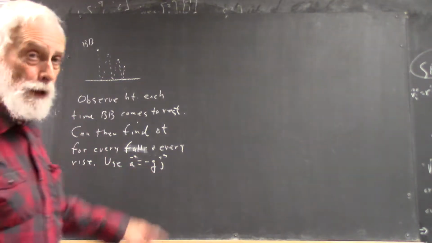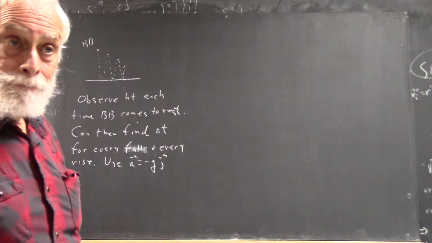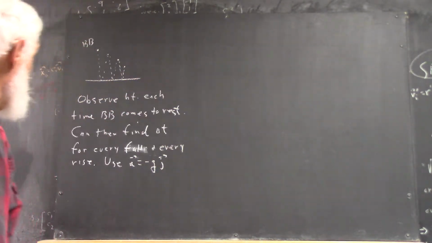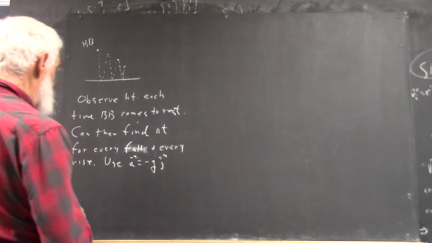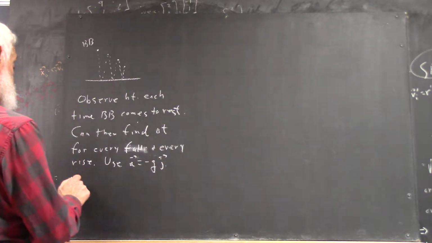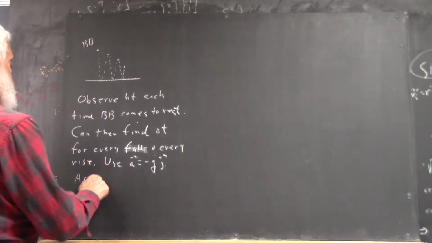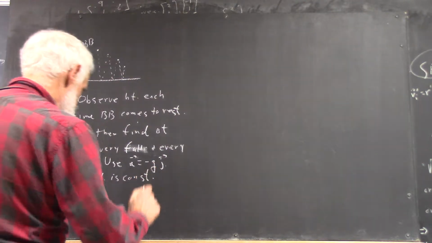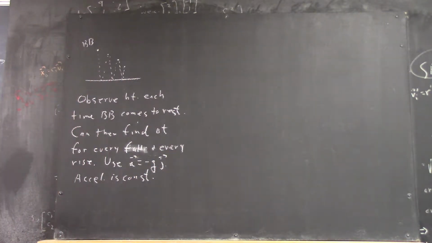Acceleration is negative g times your j vector, if the y-axis is up. Okay? Acceleration's constant. Okay?